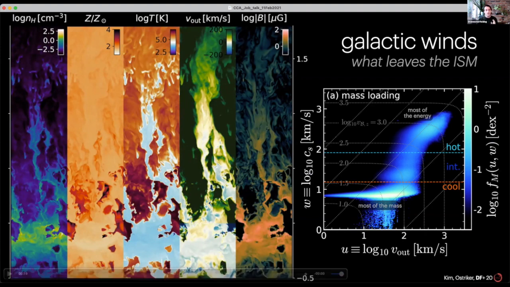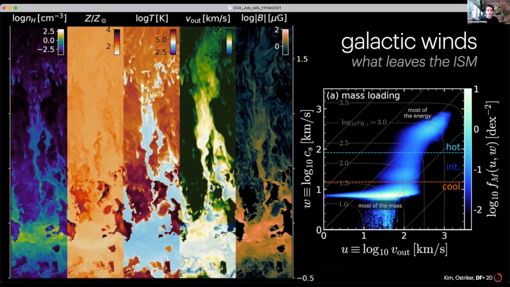And what you can see here is a very generic trend, but it's also a very puzzling trend. Most of the mass flying out of these galaxies is cold, or I'll call it cool gas, at about 10,000 Kelvin, okay, a sound speed of about 10 kilometers per second. And it's only flying out of the galaxy at about 30 kilometers per second.